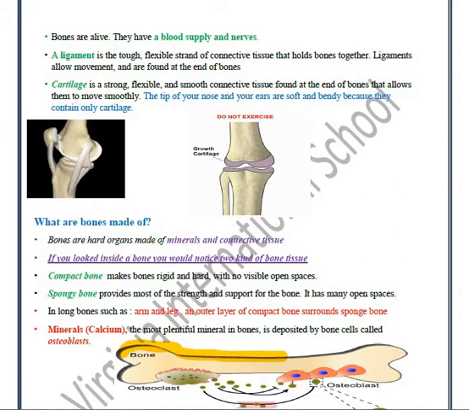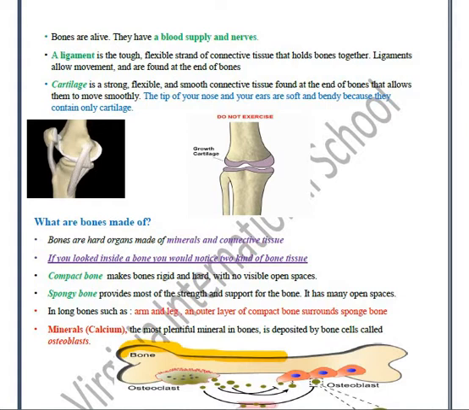Okay? And we also have at the end of the bones strong, flexible, smooth connective tissue, which is soft, that allows the bones to move smoothly without any friction between them. Okay? This type of smooth and soft connective tissue is called cartilage. Okay, so now we have two definitions, the ligament and the cartilage. What is ligament?